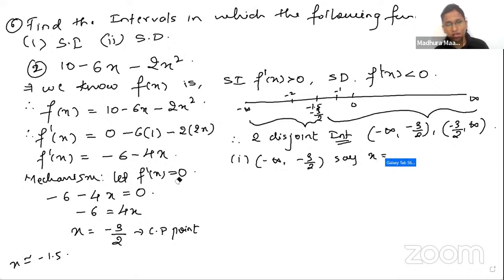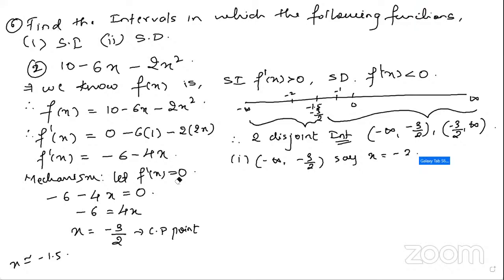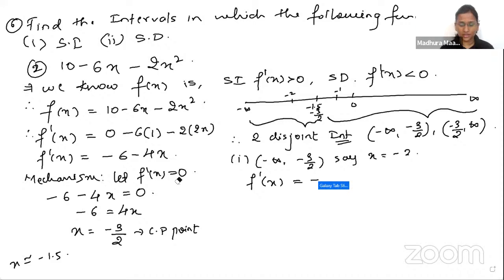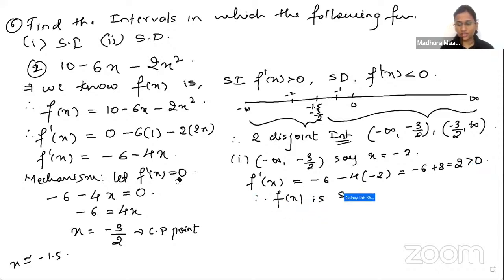Shall I take -2? Yes, ma'am. Okay, so let us take f dash of x now. F dash of x is -6 minus 4 into -2, which is -6 plus 8, equals 2. Is this greater than 0 or less than 0? Greater than 0. Therefore f of x is increasing or decreasing? Increasing. Okay, strictly increasing.